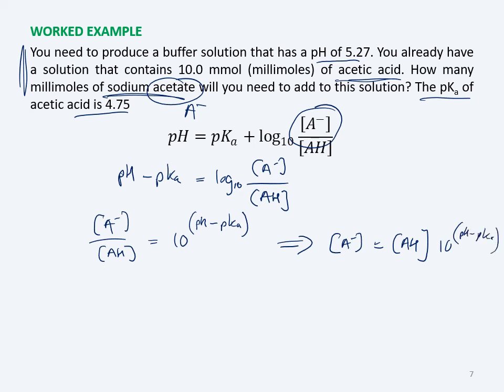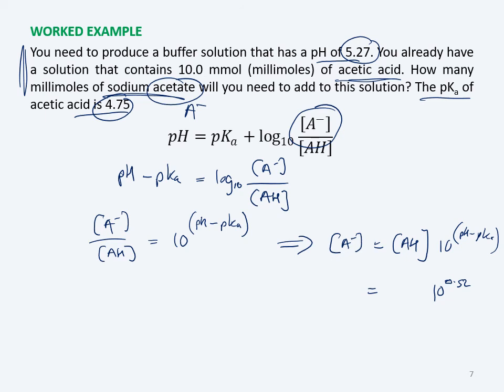Okay, and if we do that, we can now just put the numbers in. So we know that pH is equal to 5.27. We know that the pKa is 4.75. So pH minus pKa is going to be 0.52. So we can say that is equal to 10 to the 0.52, sorry, not minus, 10 to the 0.52, and that's multiplied by the amount of our acid solution, which is not a concentration, it's a number of moles, sorry.